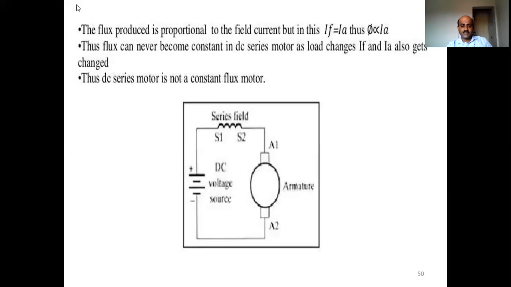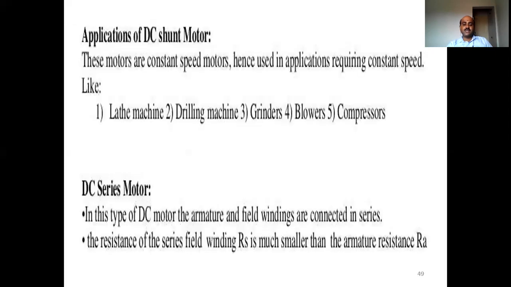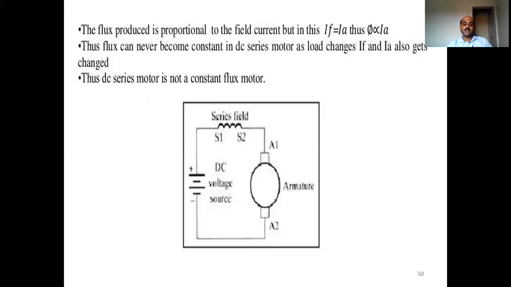They are connected in series. You can see this is connected in series. So the resistance of the series field winding RS is much smaller than the armature resistance RA. The resistance of this field winding is very small compared to the resistance of the armature.